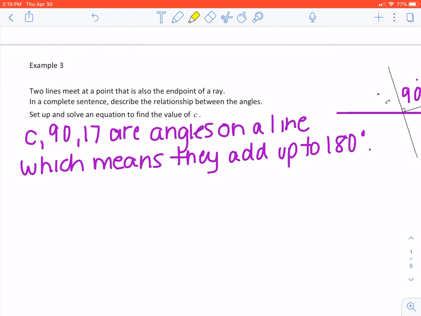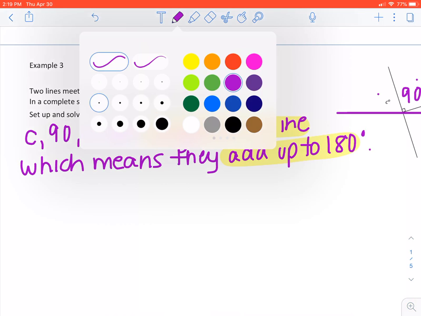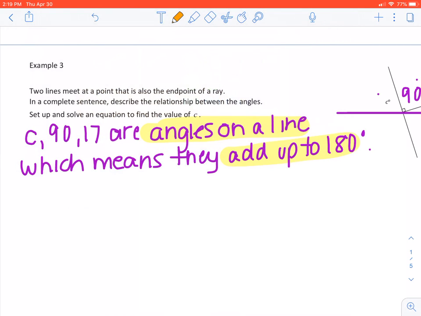Okay, so again, I'm just going to highlight this. Here's our vocabulary word. Here's what it means. All right, so we have 3 angles. They add up to 180 degrees. So C, 90, 17, they add up to be 180 degrees.